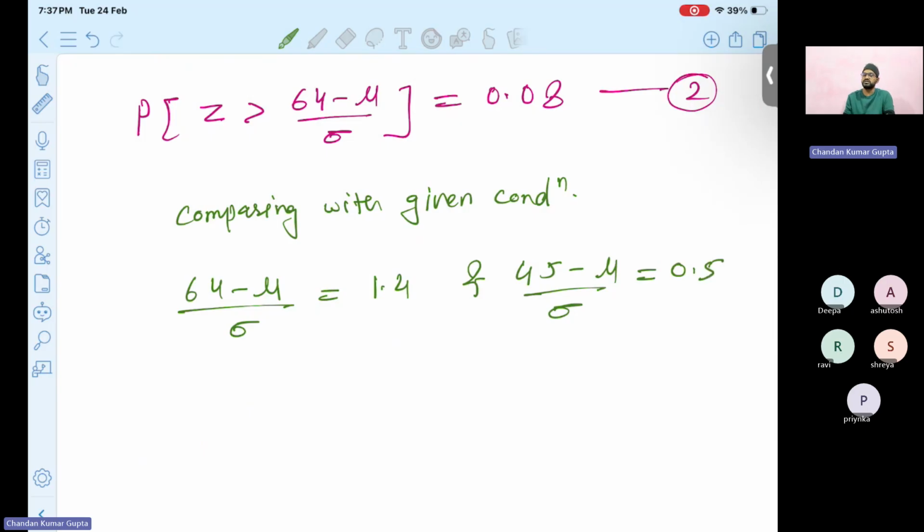We have two equations in two variables. Now we can easily solve this question.